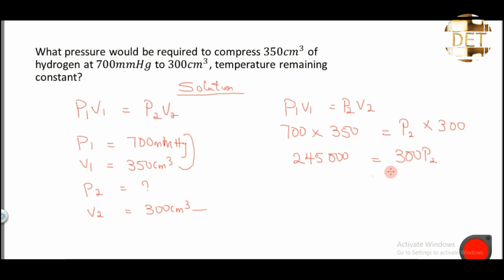So to get my P2, I will divide both sides of the equation by 300, the coefficient of P2. So my P2 will be equal to 245,000 divided by 300. So 0 will cancel 0, 0 will cancel 0. So what I have remaining is 2,450 divided by 3.